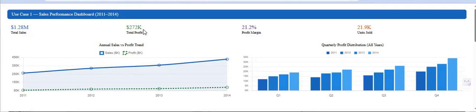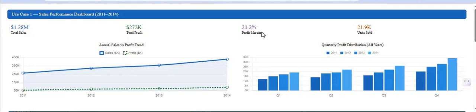Out of 1.28 million in sales, the company kept only 272K as profit. That means 1 million went to product cost, shipping, and the operations. Profit is what the company actually earned. This is the real success metric.